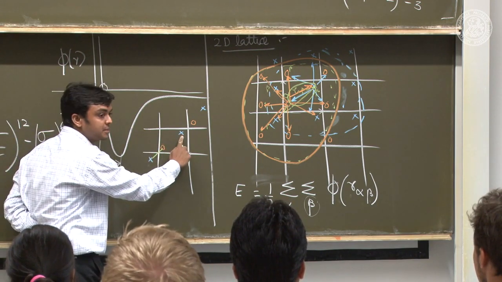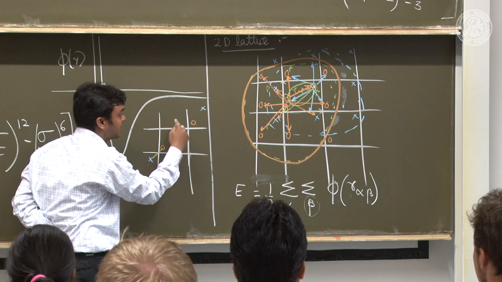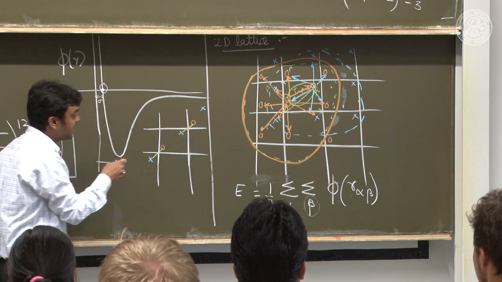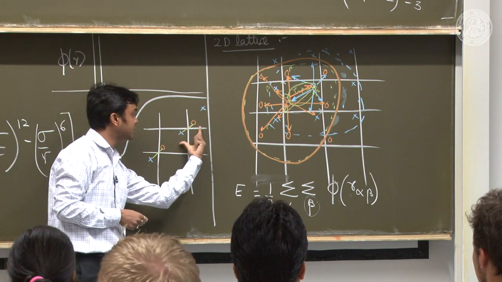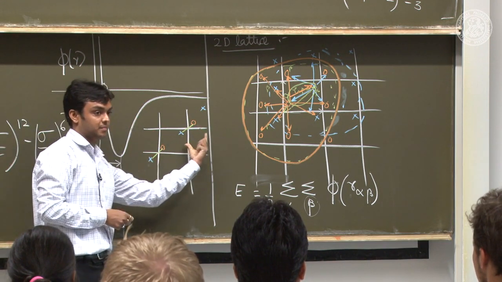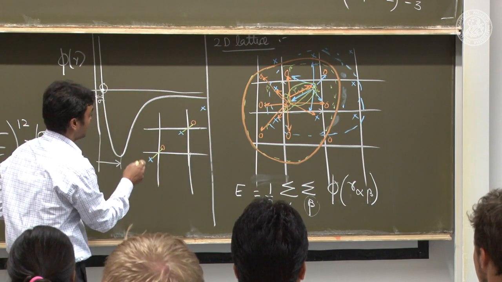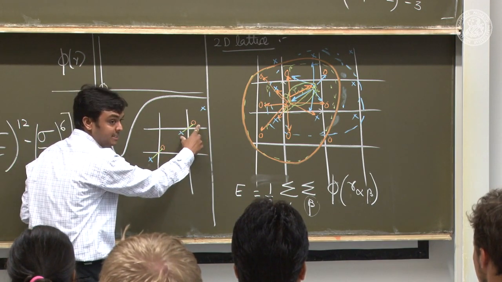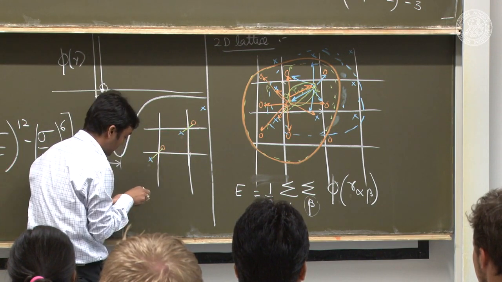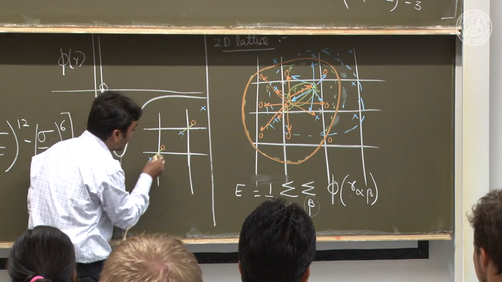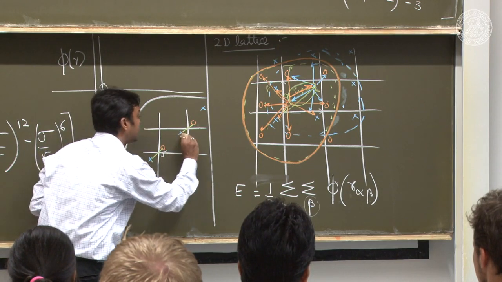Similarly, when this becomes alpha, this atom is the neighbor. But you see, both these bonds are the same. So these bonds are counted twice. That means once I count this and divide by half, I will get the energy of this bond plus this bond.